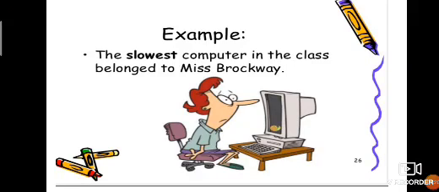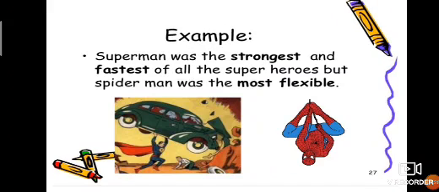There are many computers, yes or no? Among them, the slowest is used by this girl. Superman was the fastest and the strongest of all the superheroes, but Spider-Man was the most flexible. We are comparing with many superheroes.